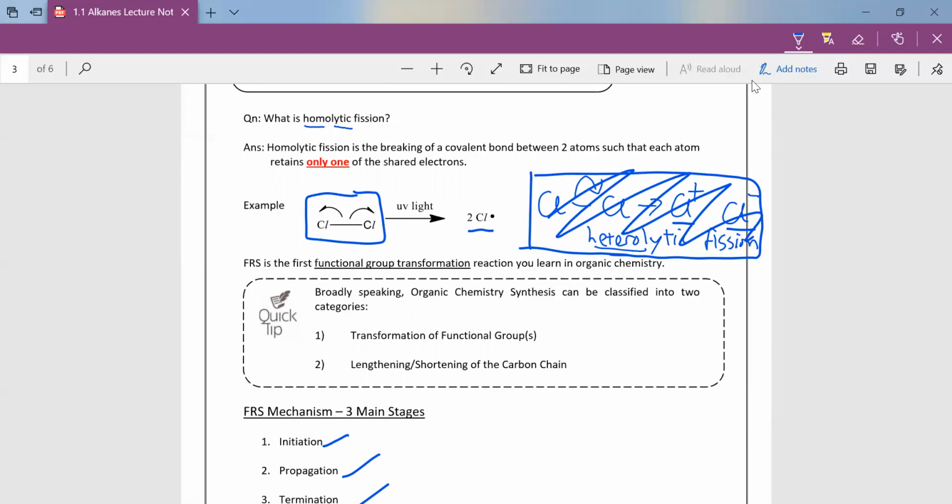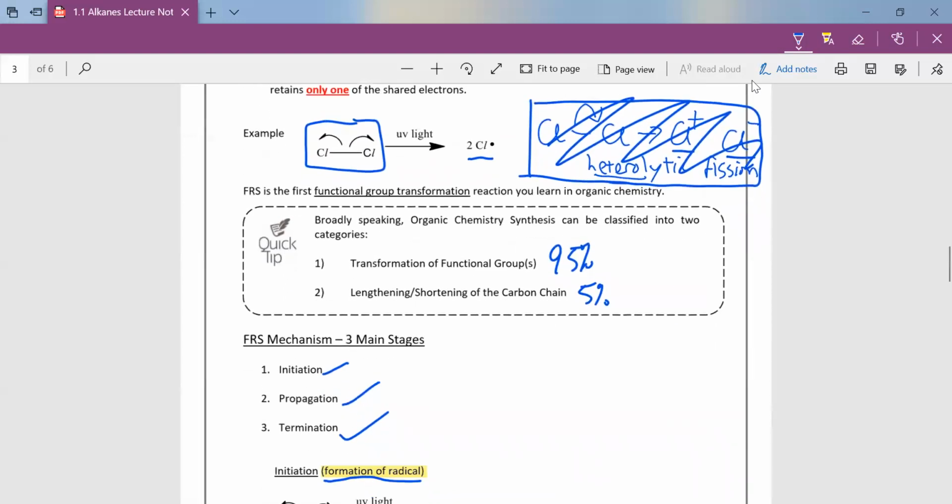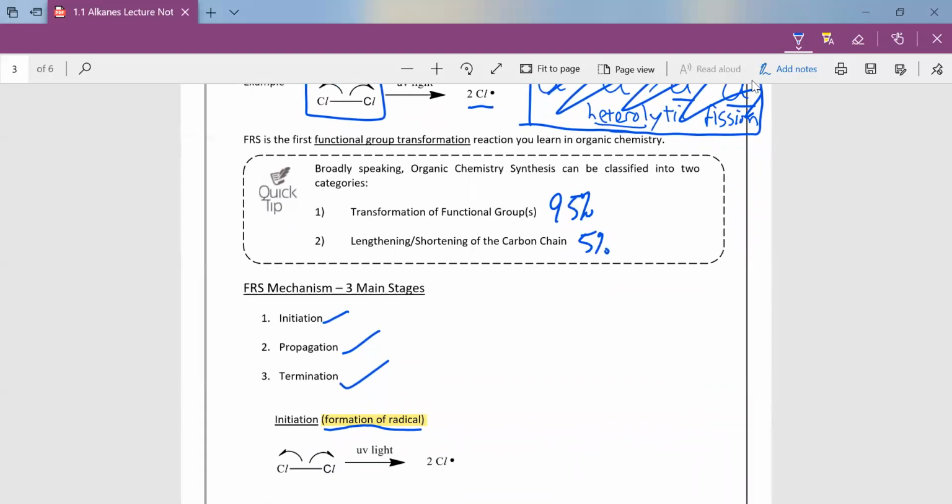Almost 95% of the time we're going to be dealing with changing of functional group rather than altering the carbon chain. So this is only about 5% of the time. Let's continue with the free radical substitution mechanism.